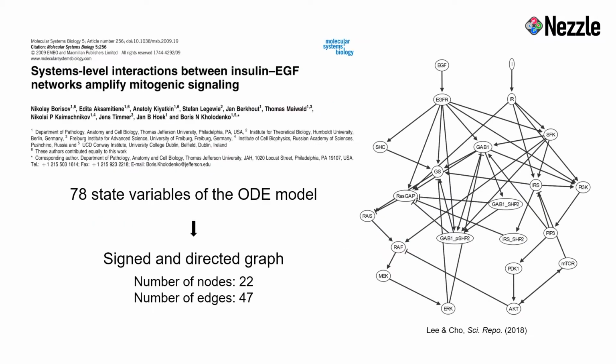In the previous study, Li and Cho reconstructed a signaling network structure from the original ODE model of 78 state variables. In this signaling network, EGF and insulin are inputs, and ERK and AKT are outputs. The control goal is to reduce the activities of ERK and AKT by targeting signaling molecules.